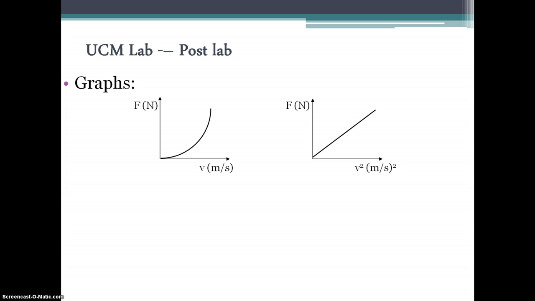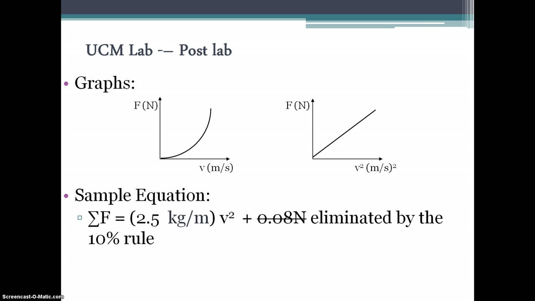So if we graph the force versus v squared, if we were incorrect about our assumption, then we would get a shape that's not linear and we would have to deal with it from there. So in this case, we are correct. And you should have, when you square the x data, come up with a graph that is then linear when you graph force versus velocity squared. Notice that the unit on the x-axis should now be meters per second quantity squared.